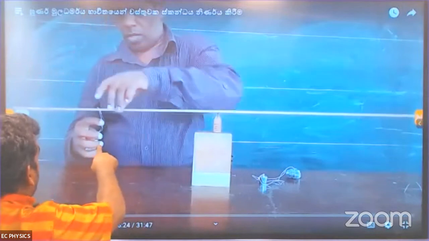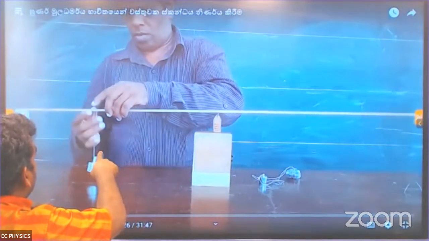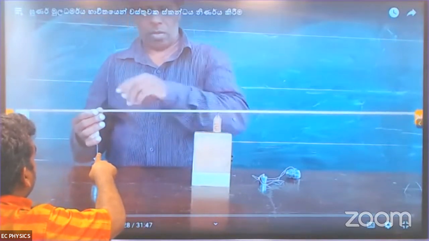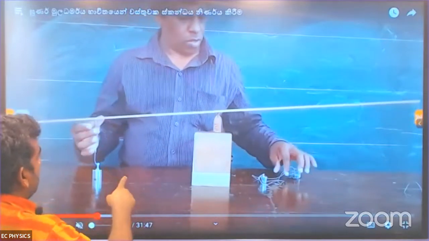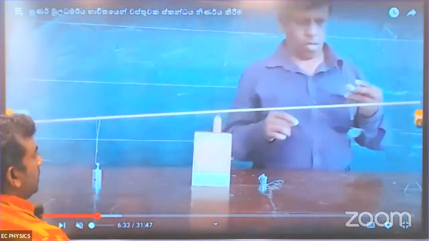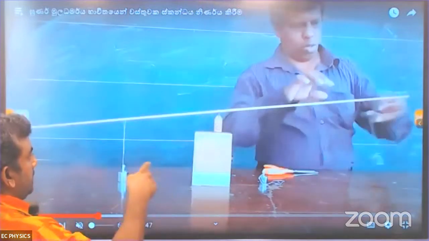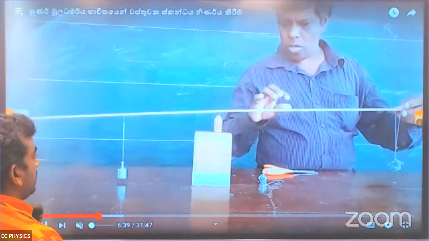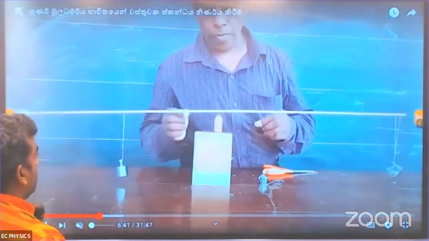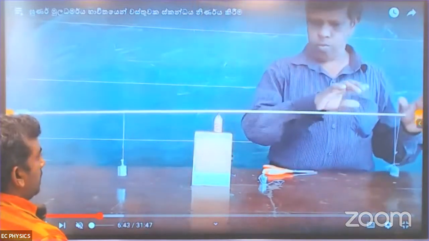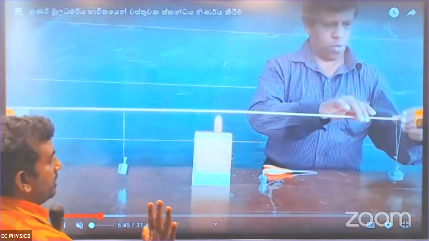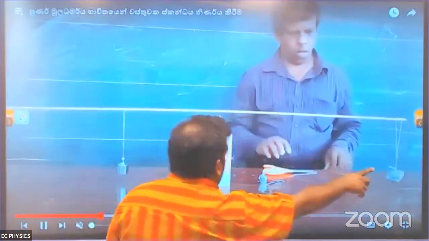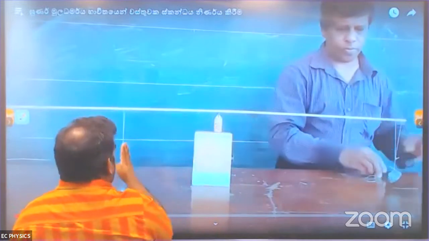So there you go, you slide the weight. Slide the unknown weight like that. Right, now we know, when the heavy weight is in the corner, the known weight is somewhere here.